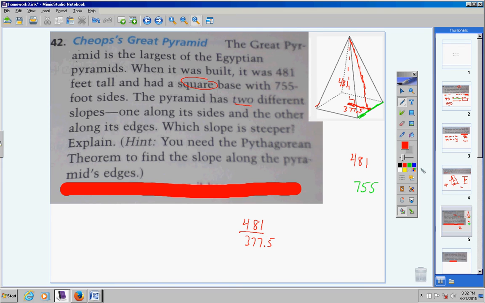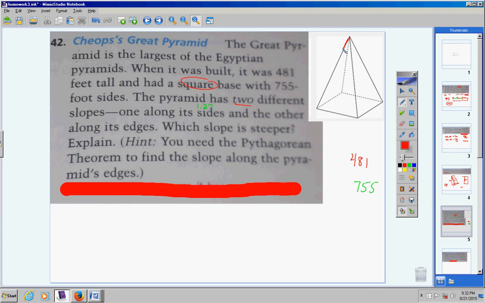So let me grab my green pen. The slope of the side right here is 1.27. So I'm going to put 1.27 right there with the word sides, okay? Now, let's find the slope of the edge. Here's the edge right here.